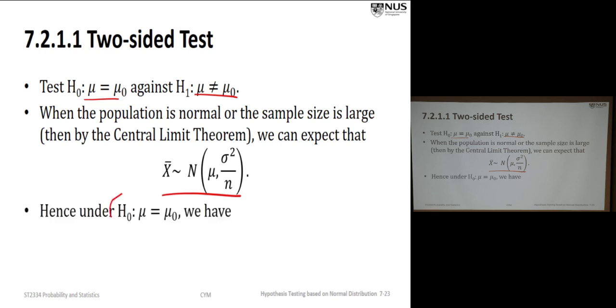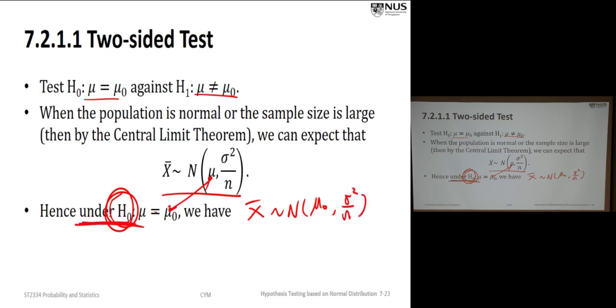And under the null hypothesis, I have to stress that, under the null hypothesis, this mu will be replaced by mu naught. Under the null hypothesis, X bar is supposed to follow this distribution, because everything assumes the null hypothesis is true. So H naught means mu equals mu naught. So under the null hypothesis, X bar behaves like that.